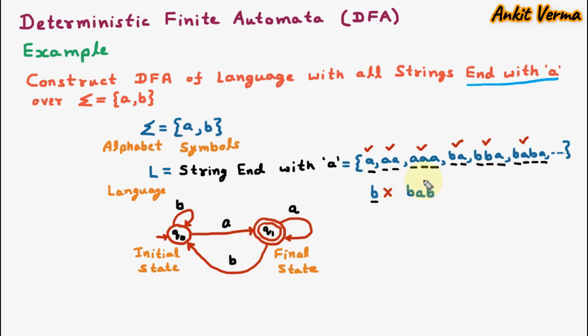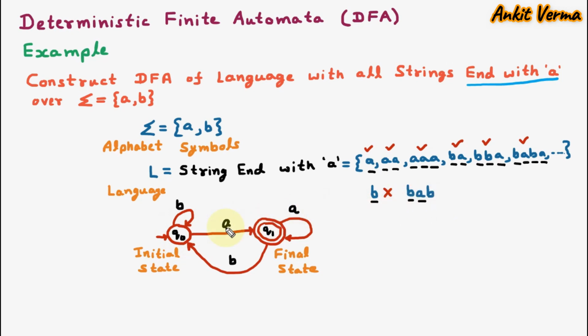We have taken one other string earlier. Let's check that also. We know that this string is not part of our language because the language is strings ending with A, and this is not ending with A. That means this should not be accepted by the DFA. So we are checking. Starting we have B. So from the initial state, B comes, and we are again coming back to Q naught.